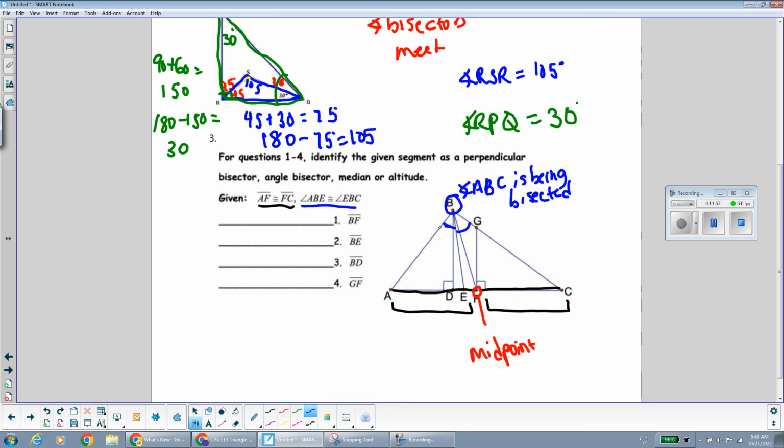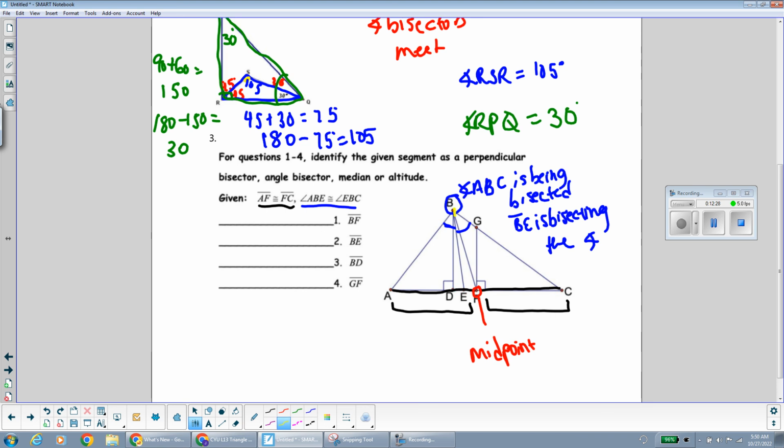And since one equal part is from A to B to E, and the other equal part is from E to B to C, B to E is where it's being cut in half. So I'm going to write here, BE is bisecting the angle. And I'll draw it into the diagram so you can see that clearly.